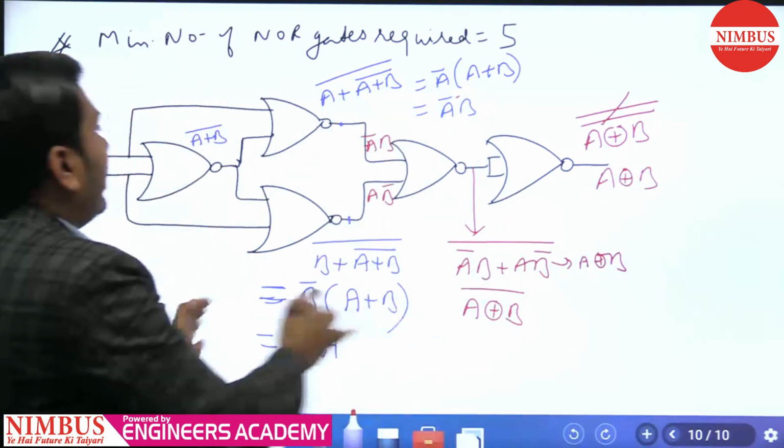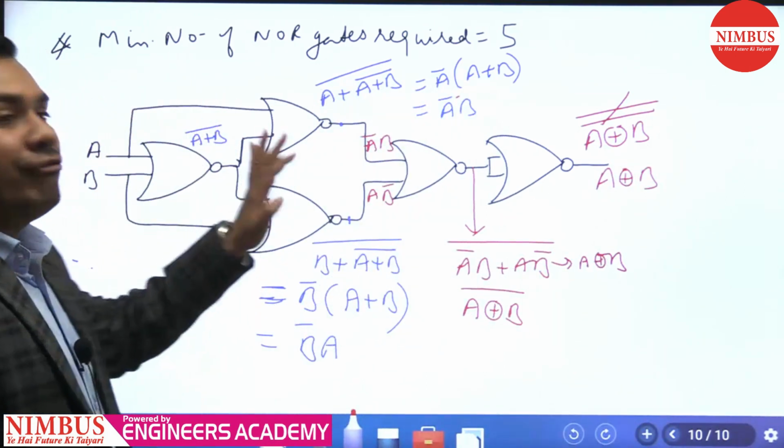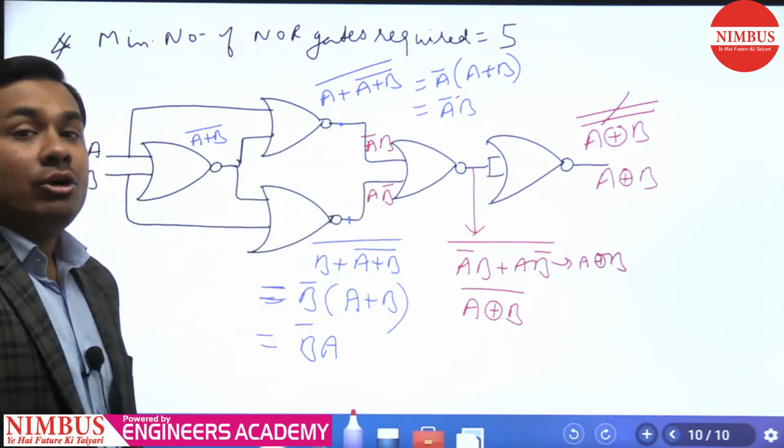So in this way for the XOR we have a requirement of 5 NOR gates.